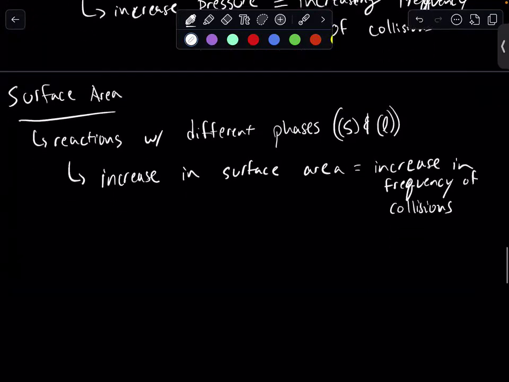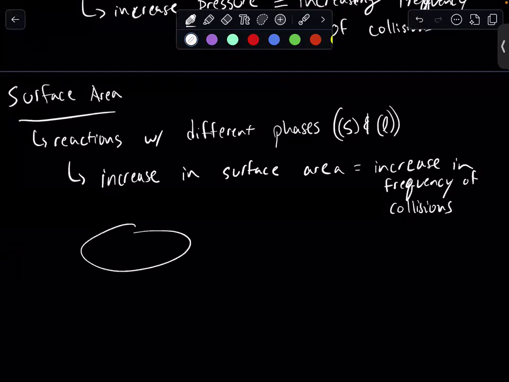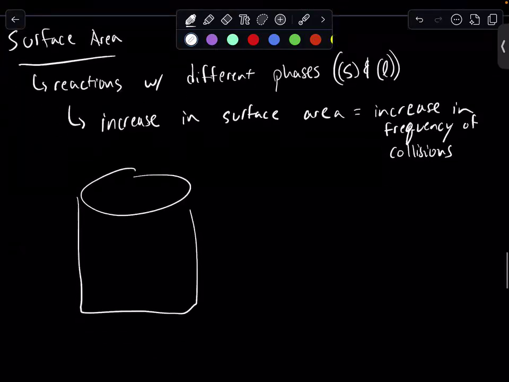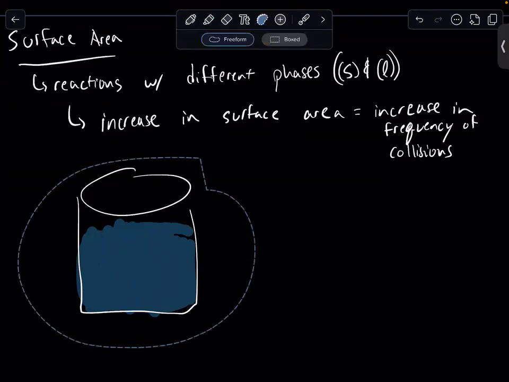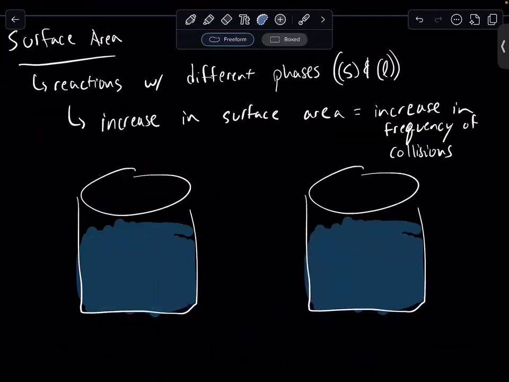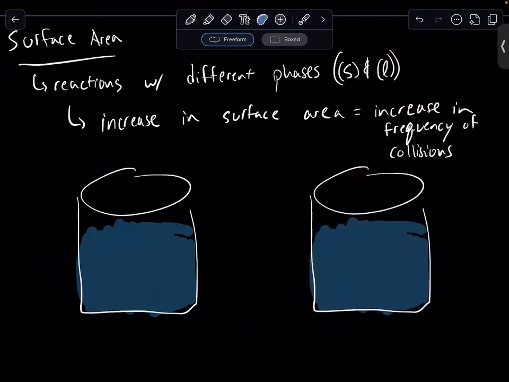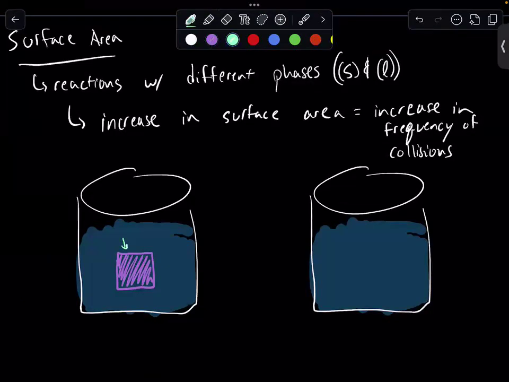A really great way of seeing this is if you have two beakers that are identical. So quickly make some identical beakers. And we put a particle in there. The water, or whatever the solution is, only reacts on the outside.